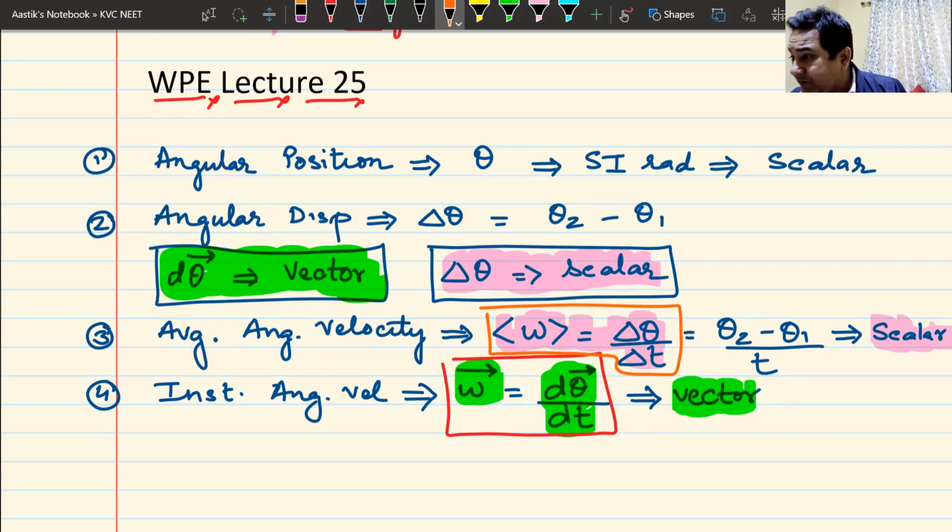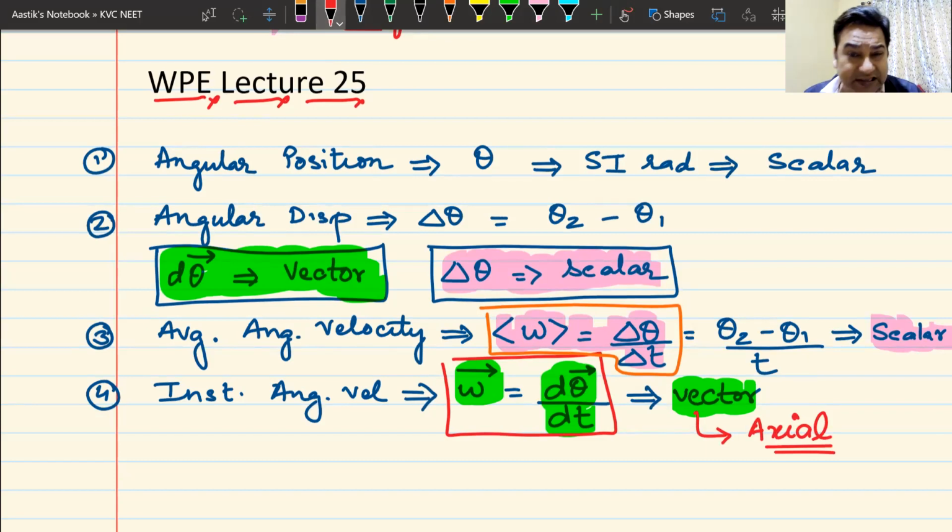We talked about vectors in circular motion or rotational motion, and I told you these vectors are a different type of vectors. They are known as axial vectors. Their direction is given in terms of the axis of rotation. If something is rotating on the positive x-axis, you hold the positive x-axis in your right hand with your thumb pointing in the direction of that axis and your fingers curling around.